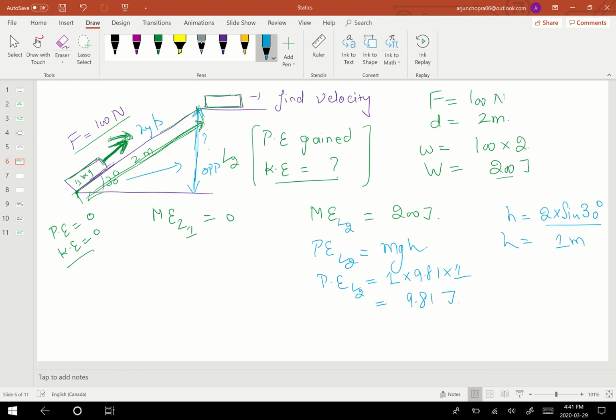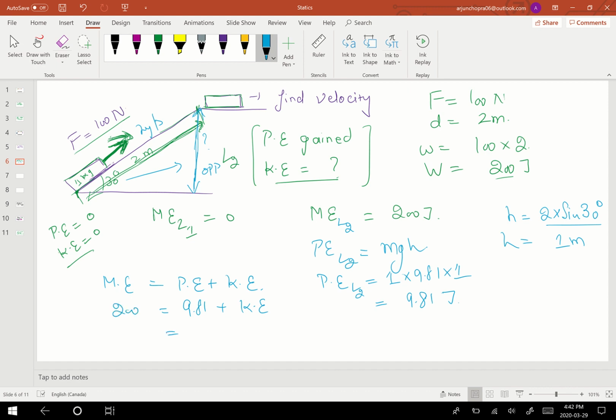At location 2, mechanical energy is equal to potential energy plus kinetic energy. At this location, I know the potential energy is 9.81 plus kinetic energy, and the mechanical energy of the system was 200.